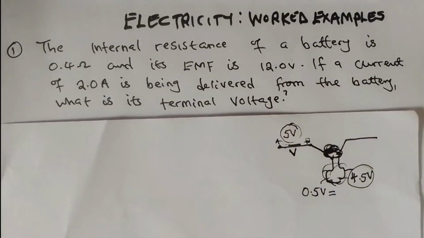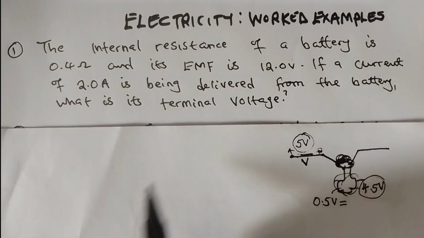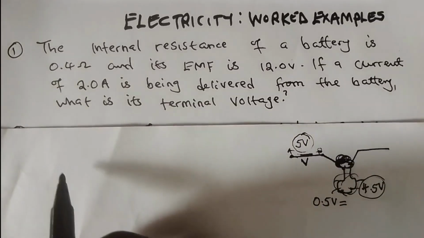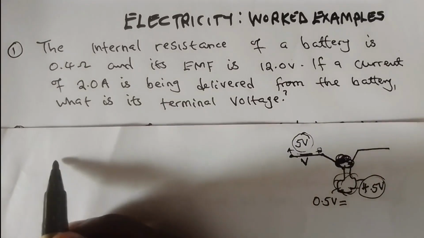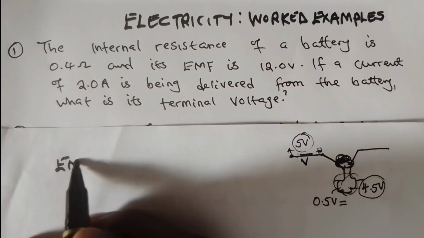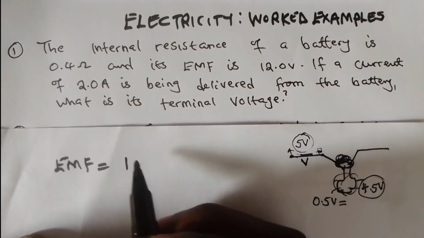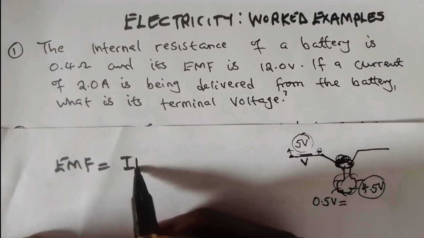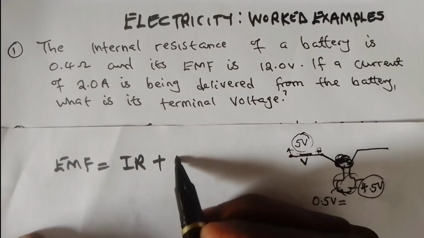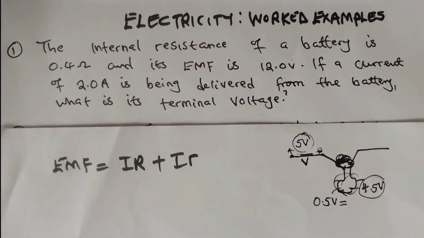So how can we find the answer? What you need to understand is that the voltage within the battery is called EMF. So you say E, the EMF, equals the voltage, plus I times the small r.